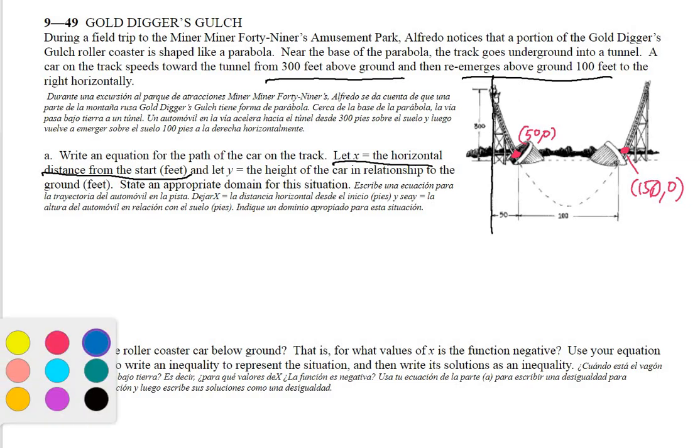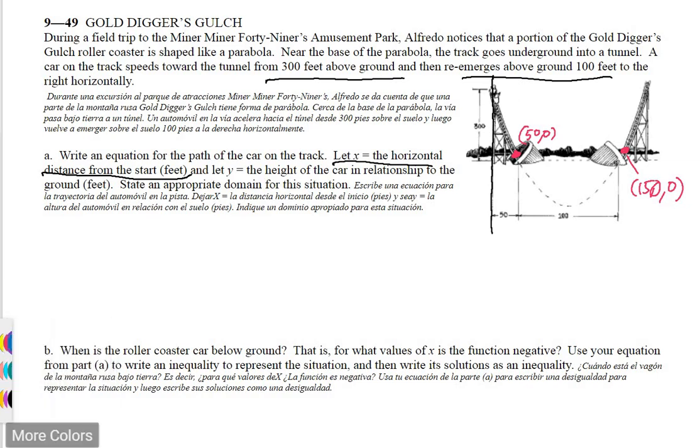And y is the height of the car in relationship to the ground. So up here is the point 0, 300. So we're going to write an equation for the path of the car on the track.